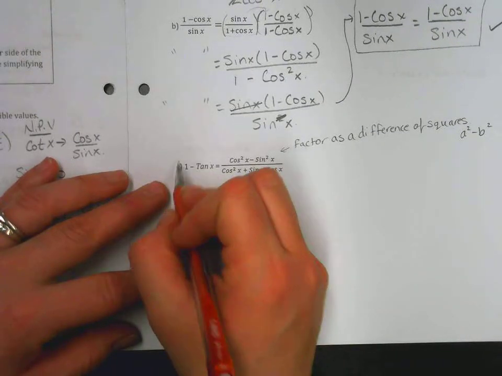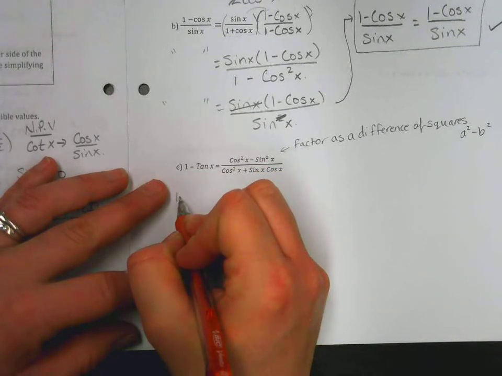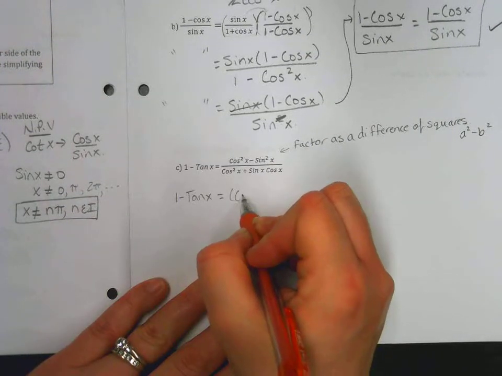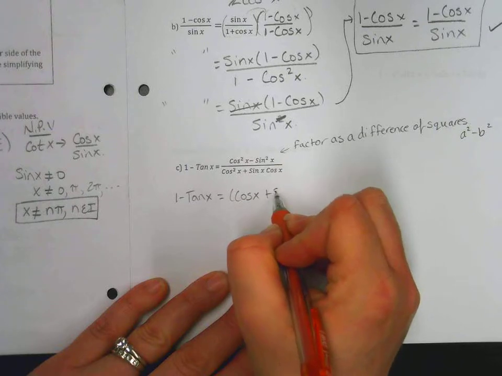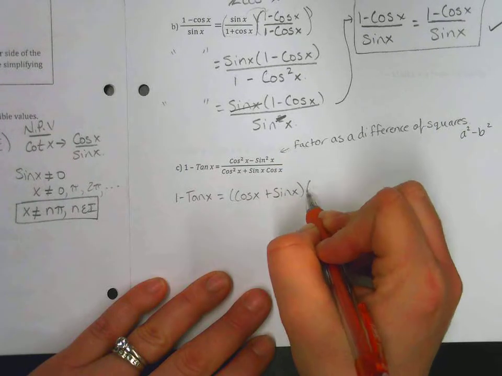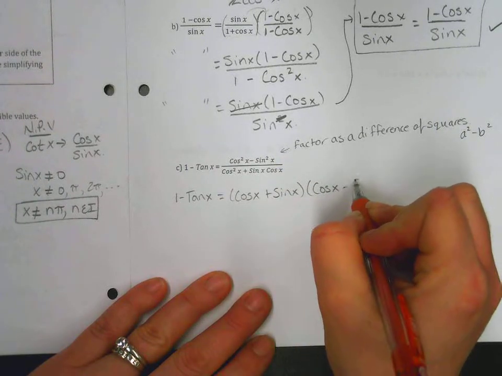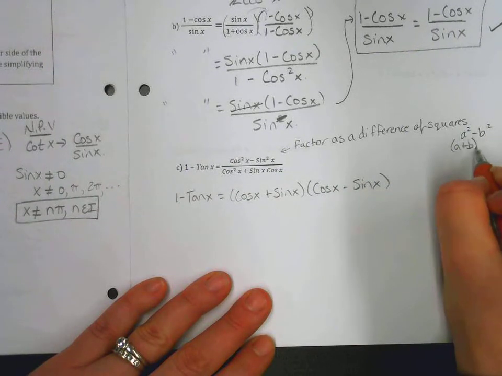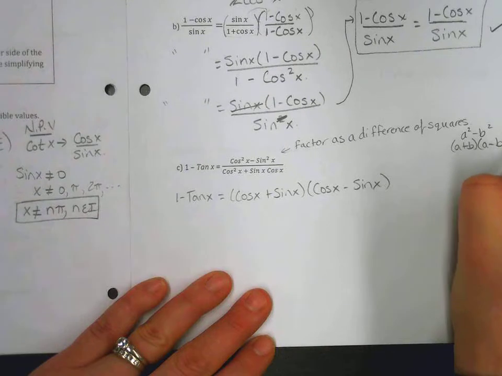So how do we factor that? Again, I'm going to leave the left side alone. So it's going to be 1 minus tangent of x. I get a cos of x plus sine of x times cos of x minus sine of x. It's like factoring an a squared minus b squared would be a plus b times a minus b.